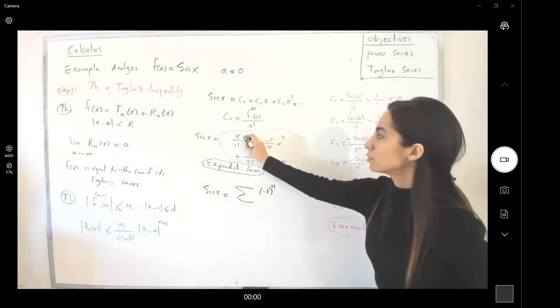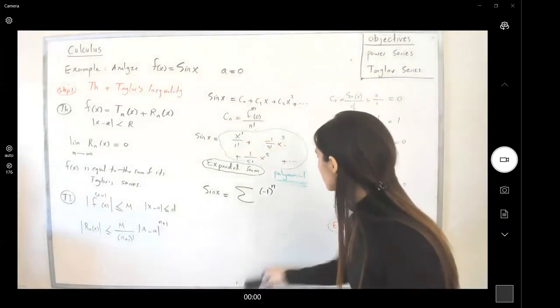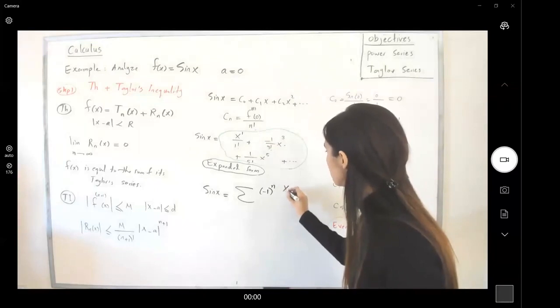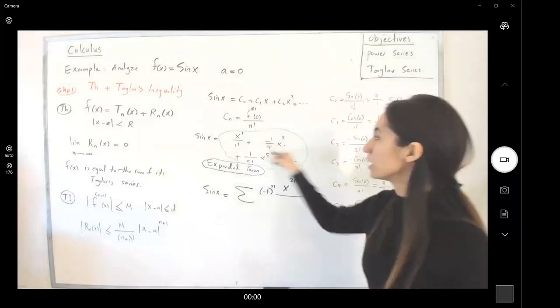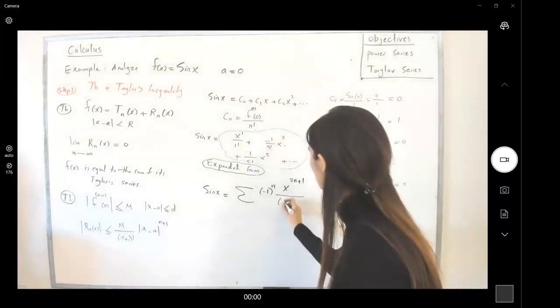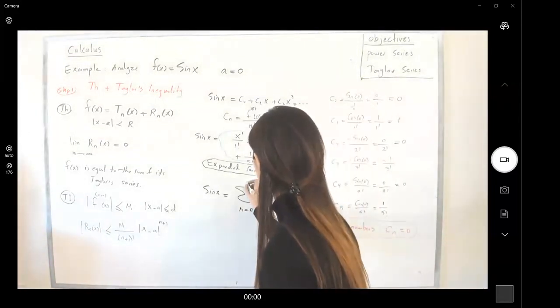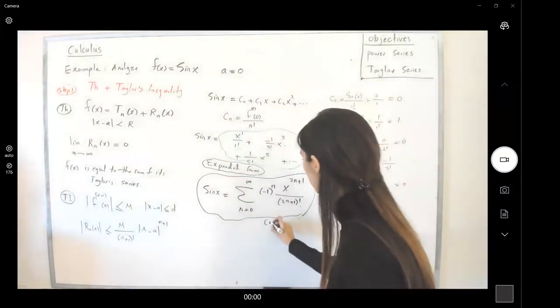X is raised to odd exponents. So you have x raised to 2n plus 1, divided by your denominators, which are all odd numbers factorial, 2n plus 1 factorial. And n starts from 0 and goes to infinity. This is our compact form.